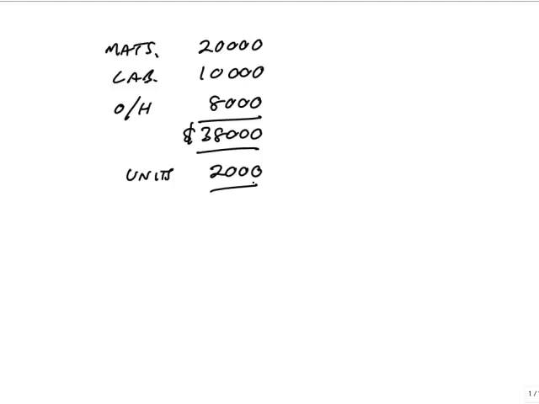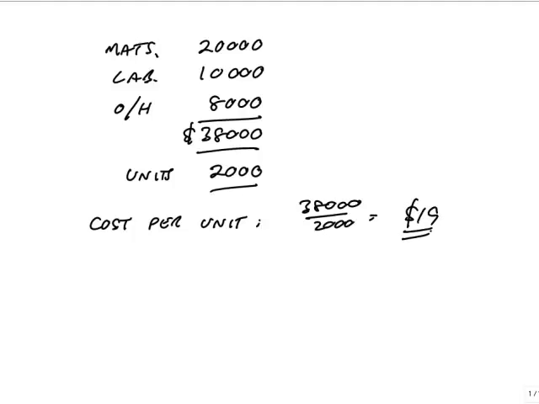And if I want to know the cost of making each unit, surely, if I spend 38 making 2,000, the cost per unit, 38,000 over 2,000, each unit is effectively costing $19. Now, no tricks, but does that make sense, everybody?